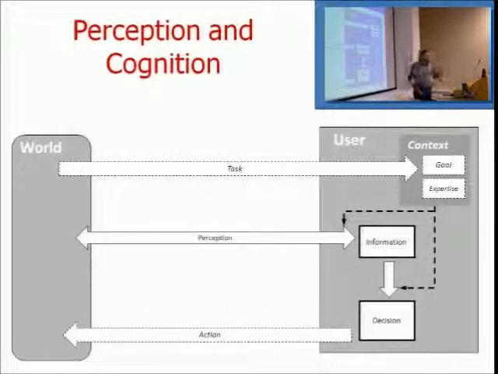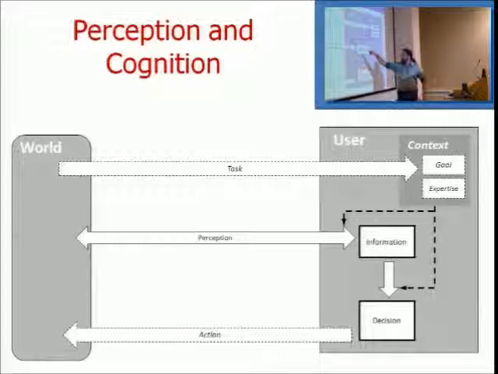Then inside that mind, there's all kinds of things happening, which I'm very interested in as a psychologist. There is the context that the user brings to the story. There's the goals, there's the expertise, there's memories, there's acquired things. And these affect how we perceive the world, how we create the information from the perception, how perception goes into information, leading to decision and to action.